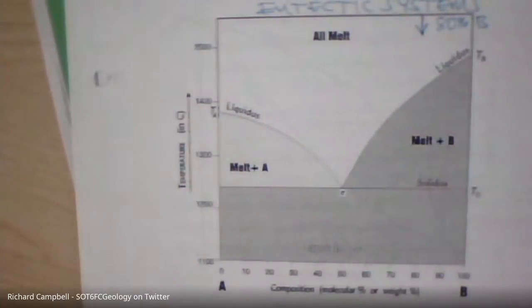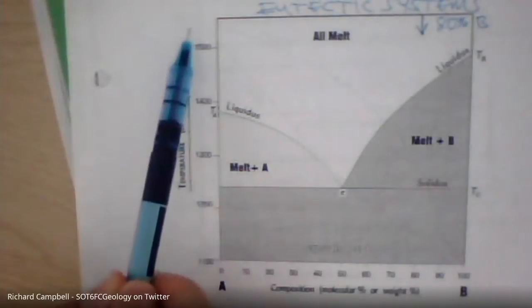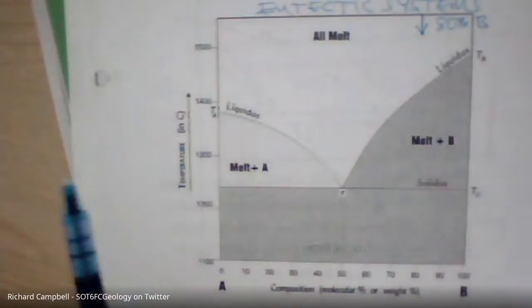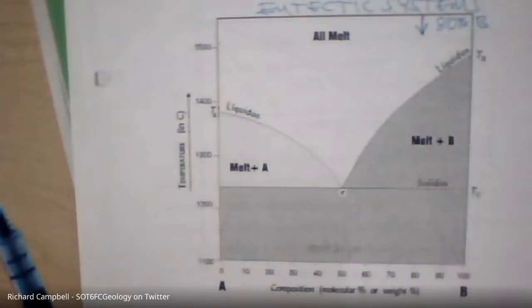Now, we've got the temperature scale on the left-hand side here. As the melt or magma cools down, what we expect to happen is crystallization, obviously, because the system's losing energy.